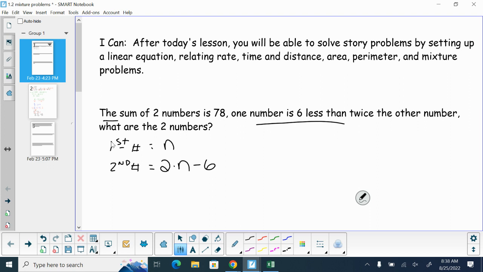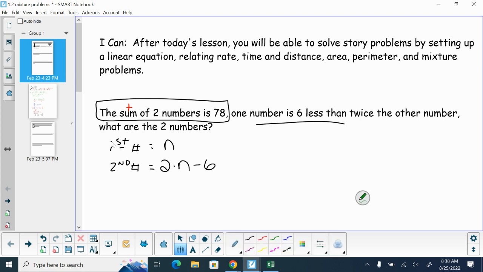Now looking at my first phrase within the sentence, the sum of these two numbers is 78. When I talk about the sum, what are we doing to the two numbers? What mathematical operation? Adding. So we're adding the two numbers.